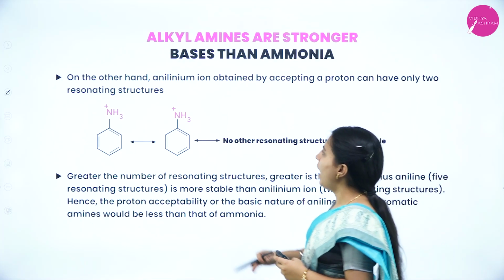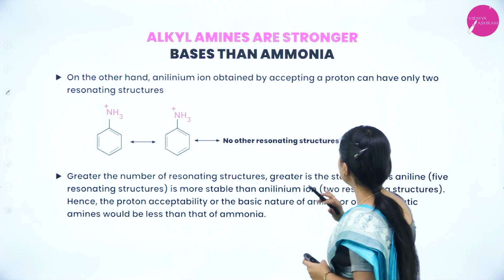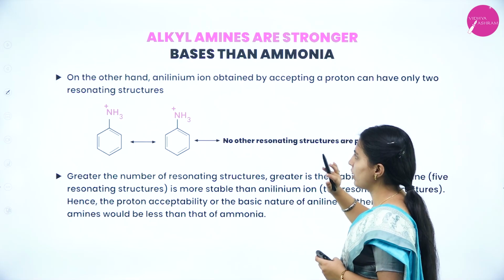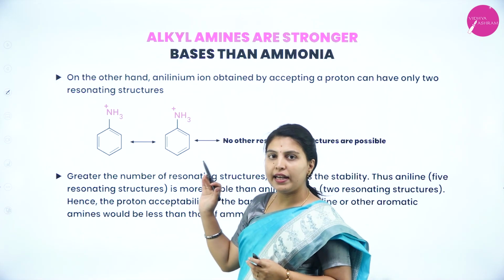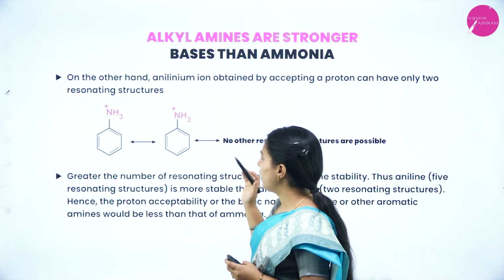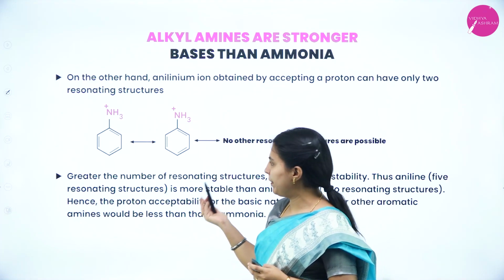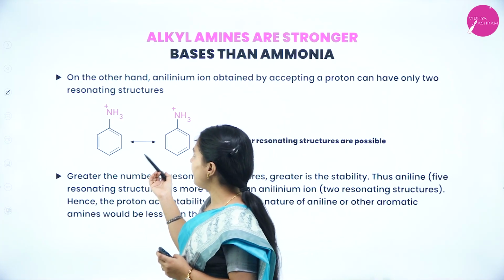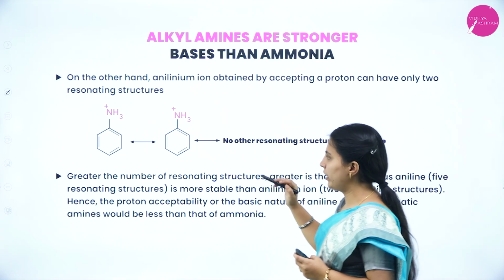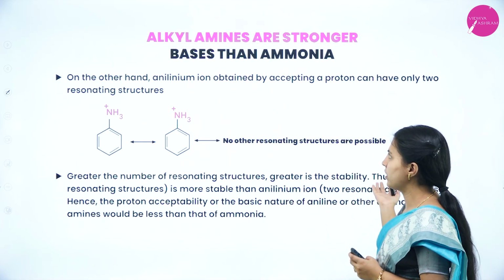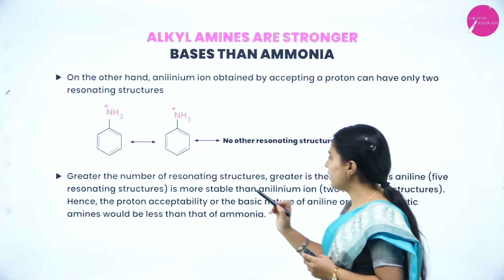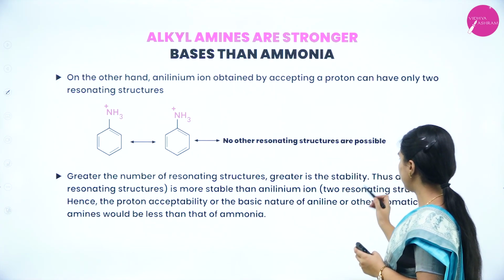On the other hand, the anilinium ion obtained by accepting a proton can have only two resonating structures. Anilinium ion means it is NH3 plus, so it has only two resonating structures, no other resonating structures are present. The greater the number of resonating structures, the greater the stability.